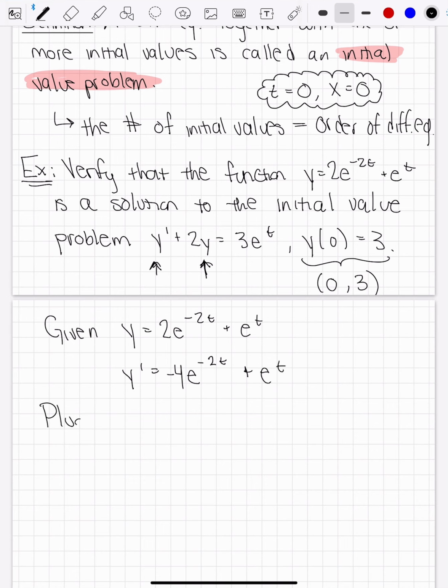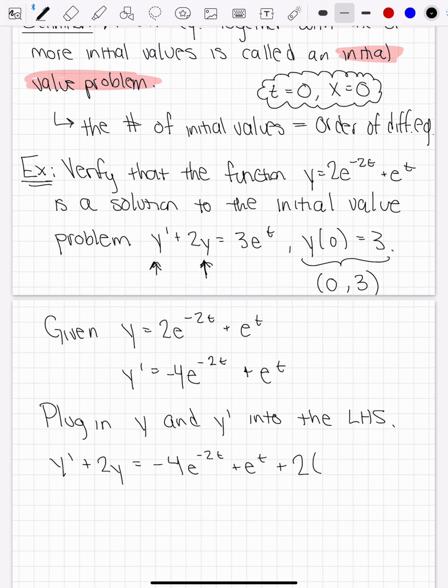So now we plug y and y prime into the left-hand side, and we're going to make sure that equals the right-hand side. So y prime plus 2y. The y prime we got was -4e to the -2t plus e^t, and then 2y, 2 times y, was 2e to the -2t plus e^t.